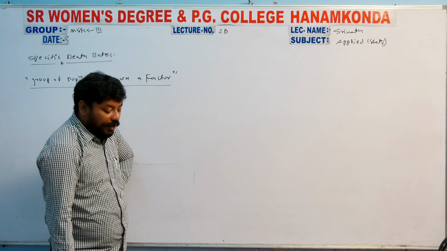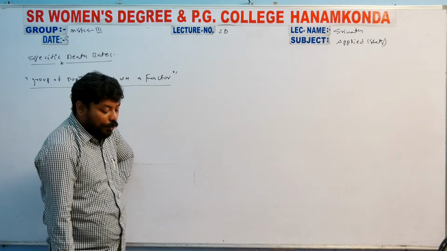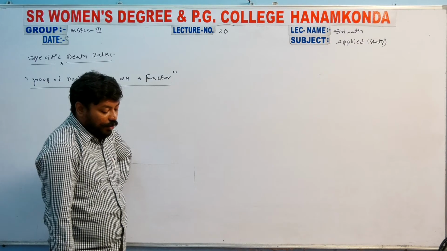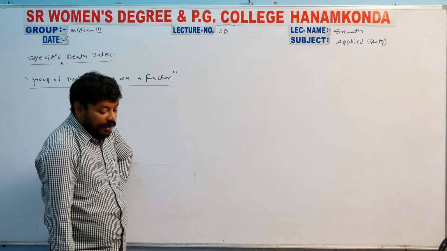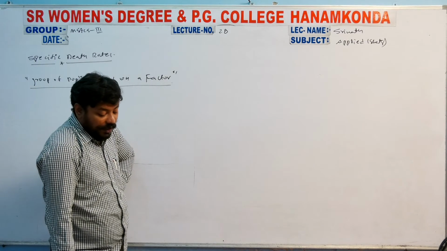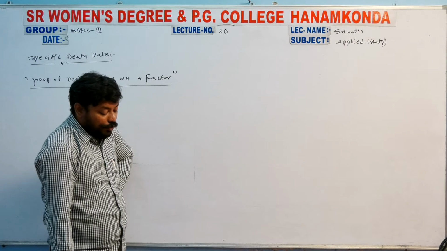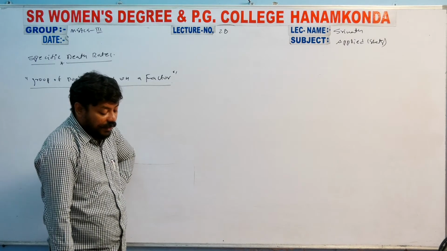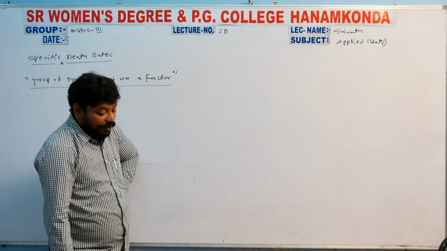The given population is divided into groups by the factors of death like sex, gender, location, job, etc. And each group's death rate is calculated by the following formula.